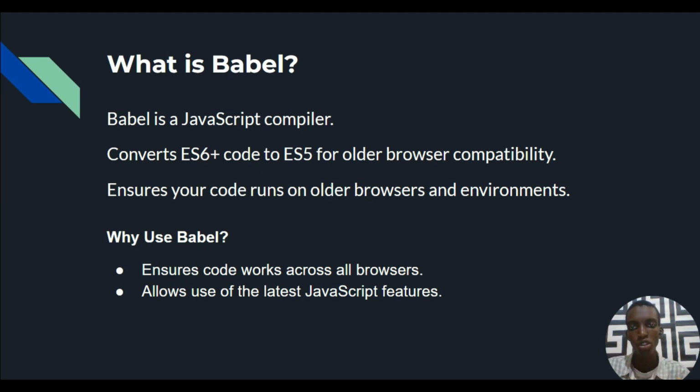It just converts everything you have done into the old JavaScript, which is ES5, so that browsers that have not gone through an update are able to run your code. It also ensures that your code runs on old browsers and old environments.